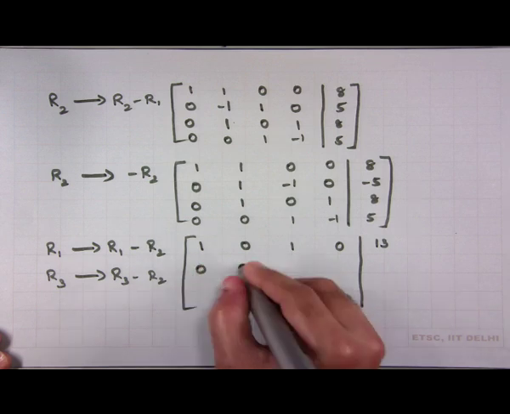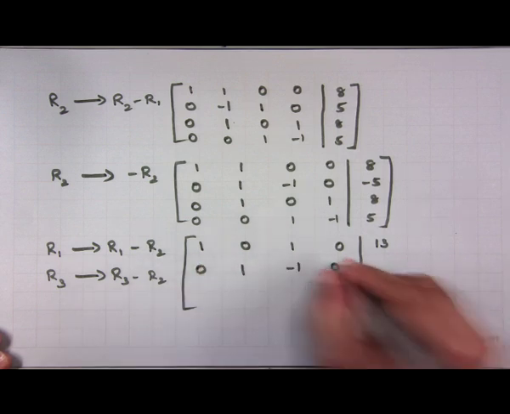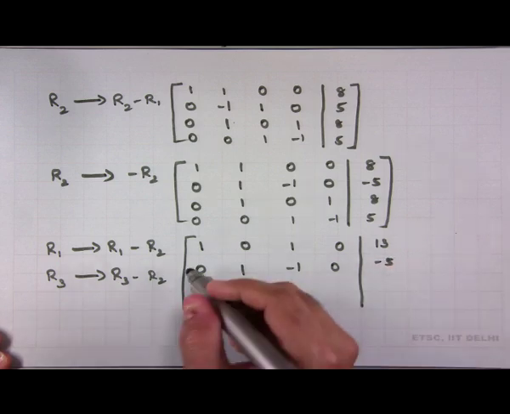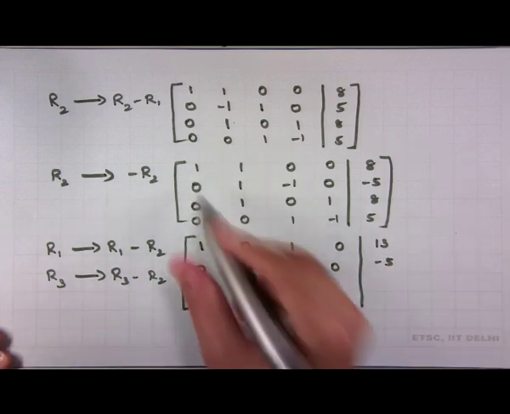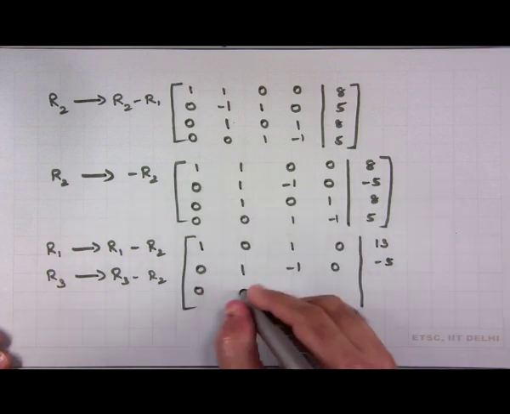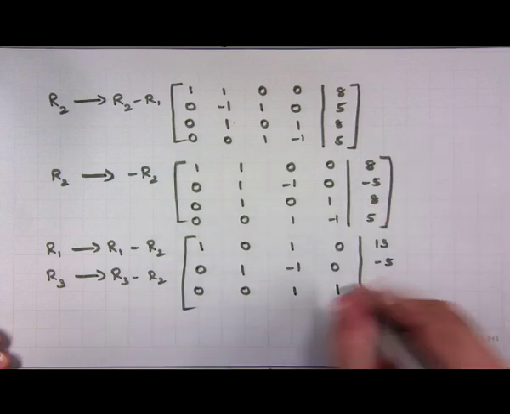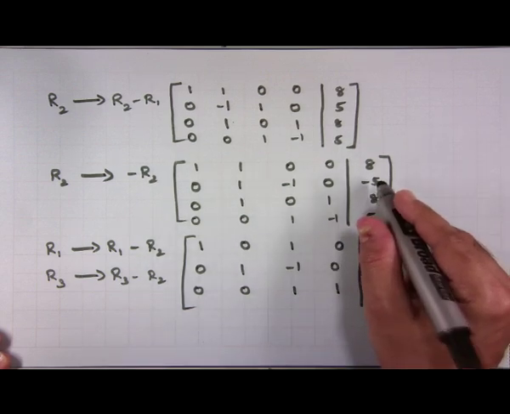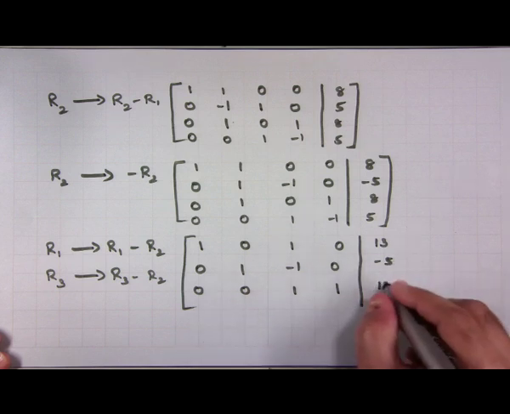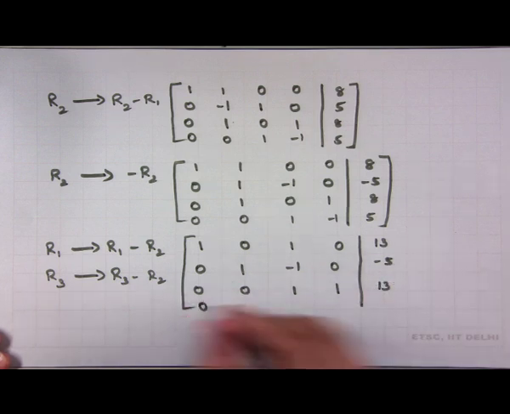Second row remains as it is. Third row is replaced by R 3 minus R 2: 0 minus 0 you have 0, 1 minus 1 you have 0, 0 minus minus 1 you have 1, 1 minus 0 is 1, 8 minus minus 5 which is 8 plus 5, you have 13. Last row remains as it is.